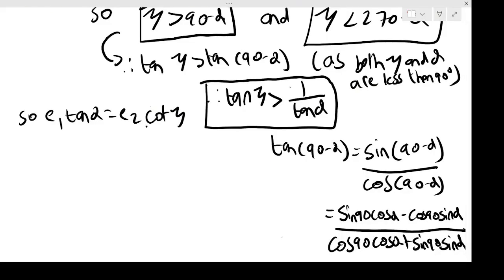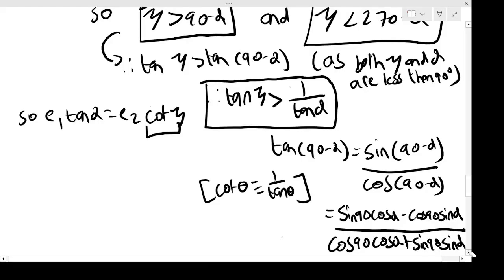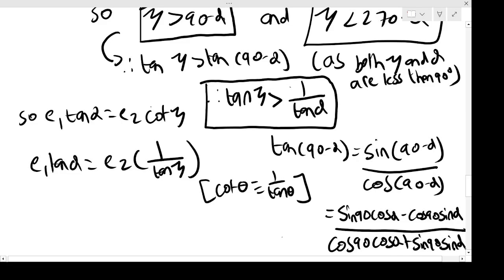Remember, obviously we got cot gamma here, but here we have tan gamma. But literally, remember that cot is just 1 over tan. So what we can say is that E1 tan alpha is just going to be E2 lots of 1 over tan gamma. So at that point it might be best to rearrange for just tan gamma.